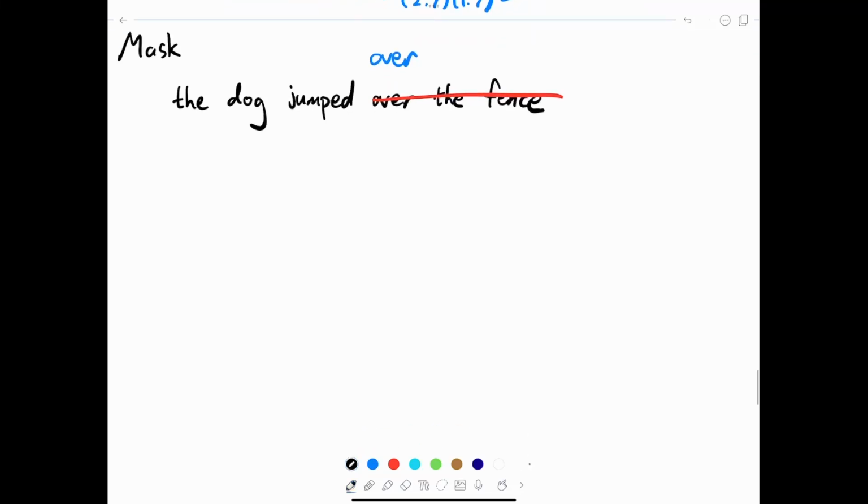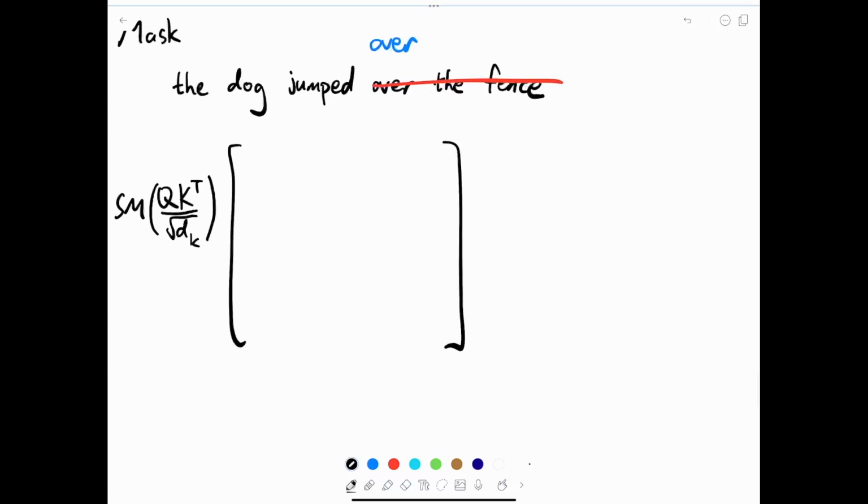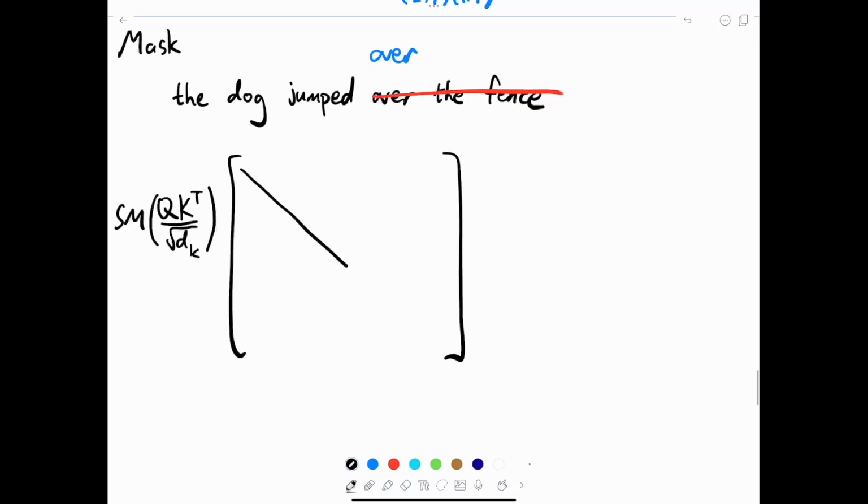And so what we need to do is mask the attention scores. If these are attention scores, Q K transpose over square root of d_k, and I'll say SM for softmax, then what we'll do is take this diagonal and zero out everything above the diagonal and preserve all of the elements below it.